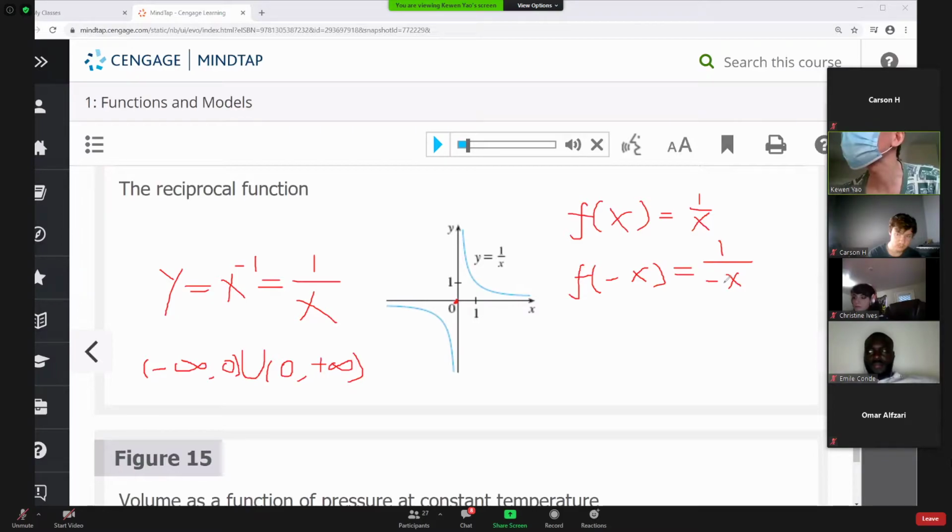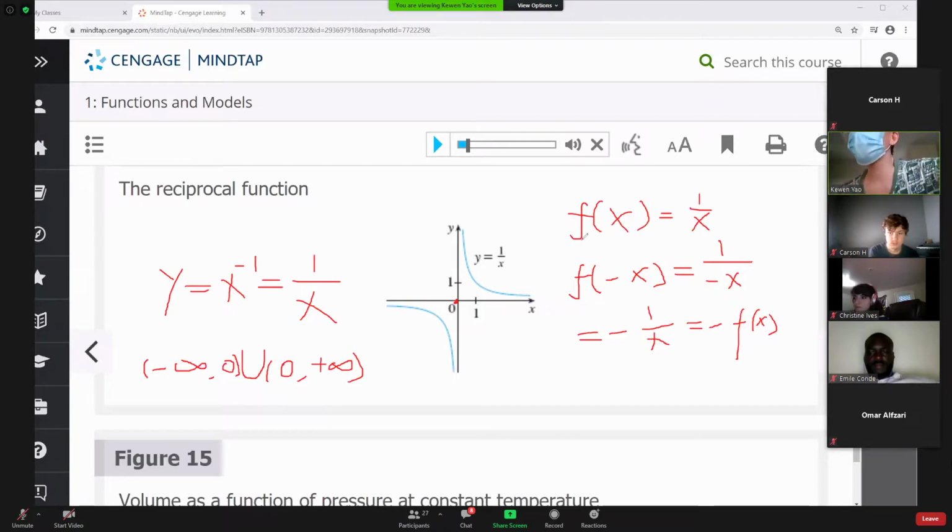You can put the negative sign outside, so it's the same as negative 1 over x. And 1 over x is f(x), so it becomes negative of f(x). So you can see that f(-x) is negative f(x), so f(x) is an odd function.